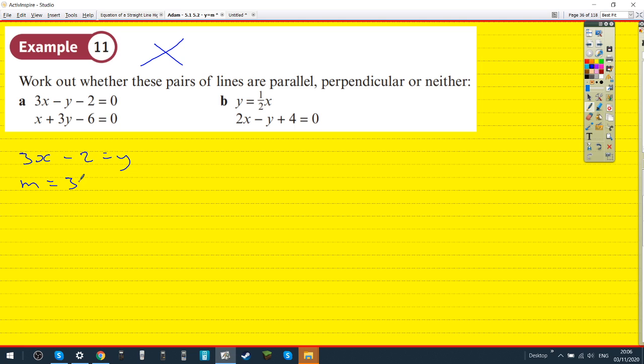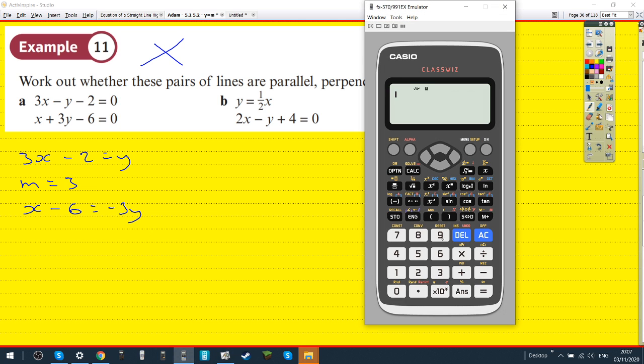So it'd be x minus 6 equals 3 minus 3y. And then you divide both sides by minus 3. Which would give you... would it be x over minus 3? Yeah. Another way to write it: it's basically 1 divided by minus 3, like minus a third.